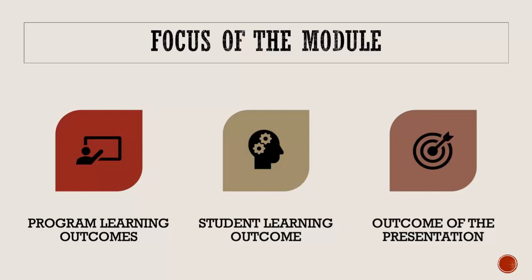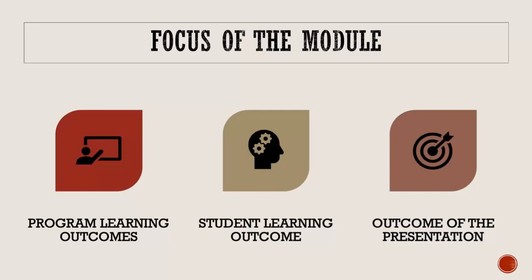The module this week supports the program learning outcomes, number 1, related to critical thinking and problem solving, number 2, communication, number 3, leadership and collaboration, and number 5, social responsibility.